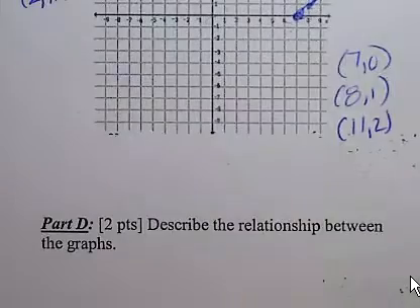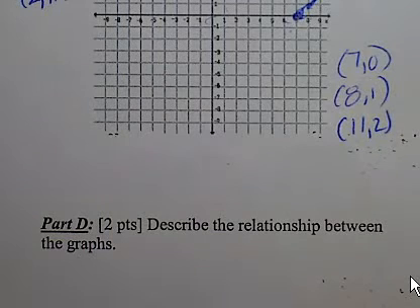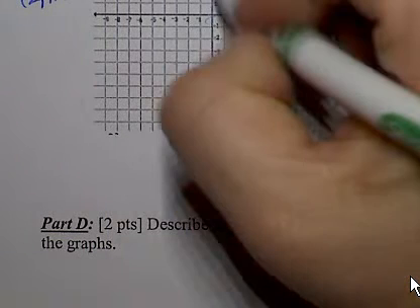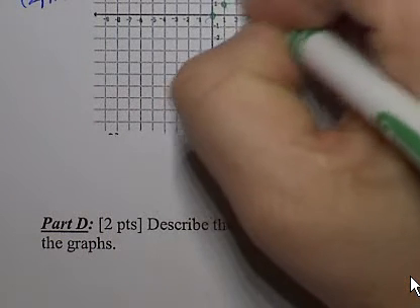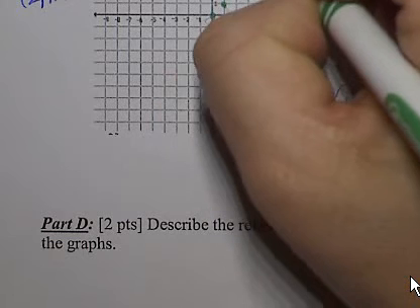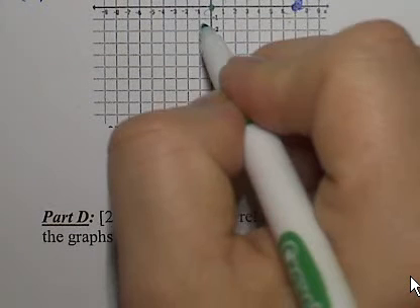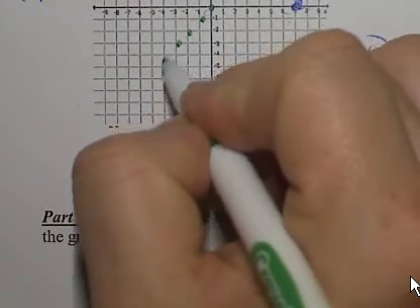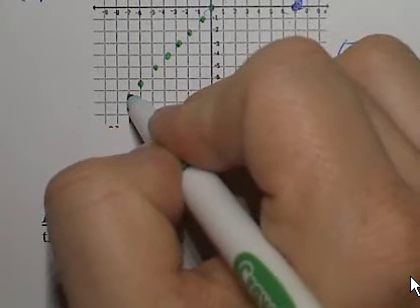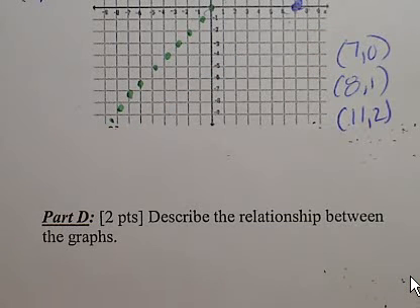I want you to do one more thing. I want you to take a pen, and I want you to do this. 0, 0, 1, 1, 2, 2, 3, 3. If you have forgotten, there's one other relationship that we can talk about on this graph.